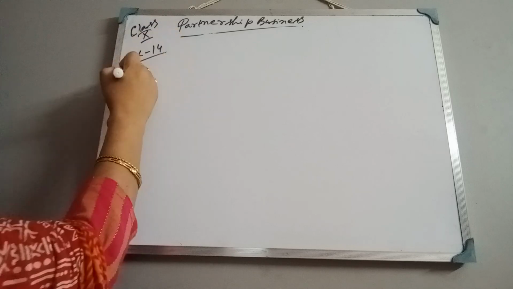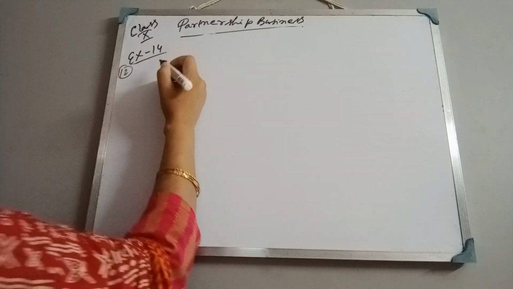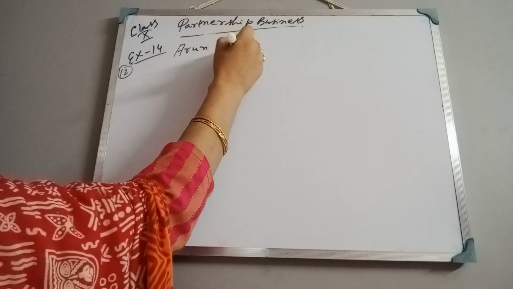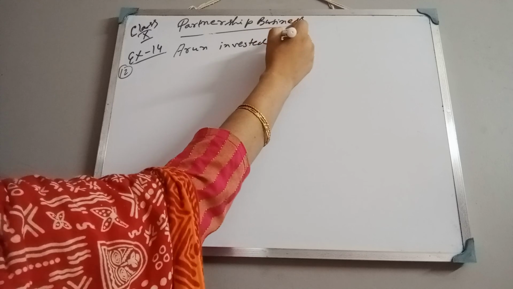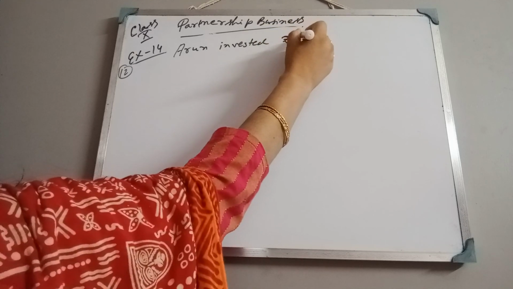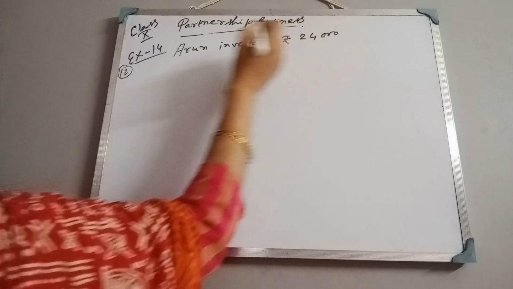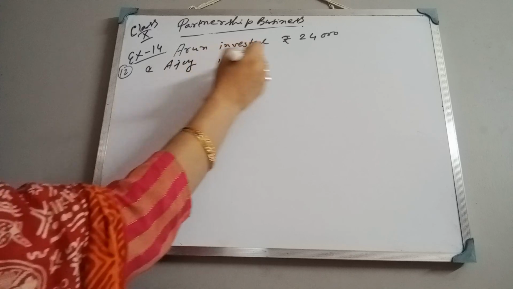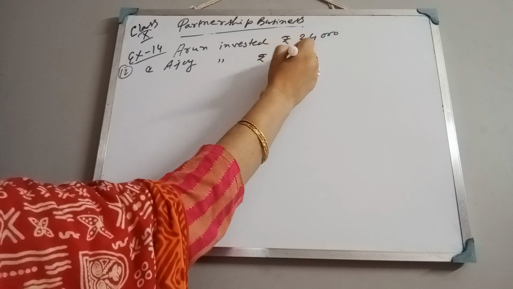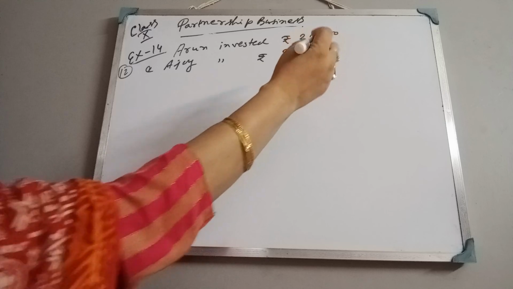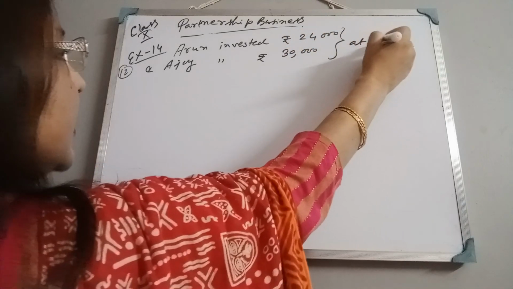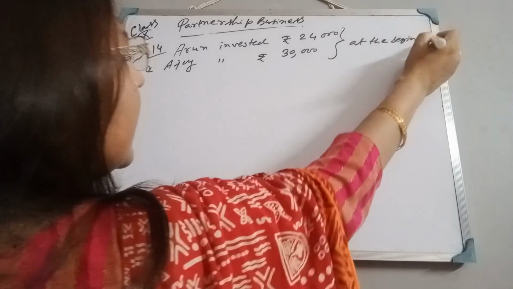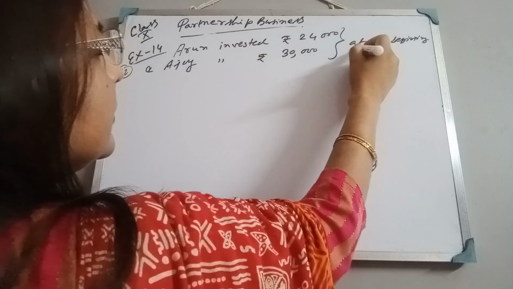So at first we will write: Arun invested rupees 24,000 at the beginning of the year, and Ajay invested rupees 30,000 at the beginning of the year.